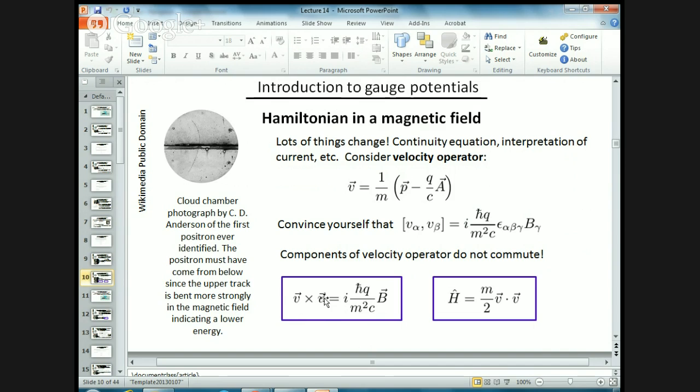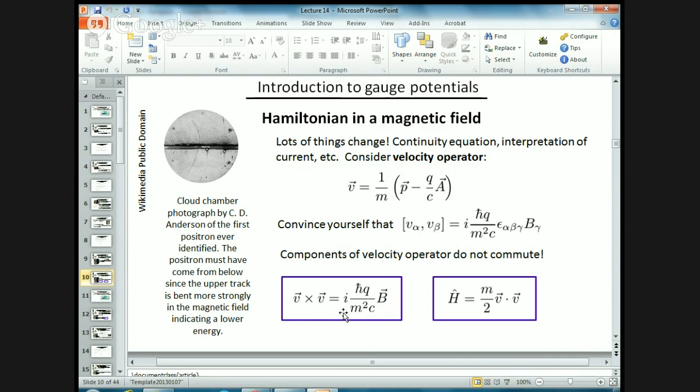V cross V is an imaginary number times something proportional to h bar times something proportional to the local value of the magnetic field. This is about as quantum and magnetic as it gets. First of all, it's a cross product of a vector with itself, which classically vanishes.